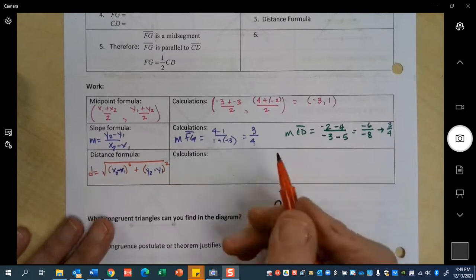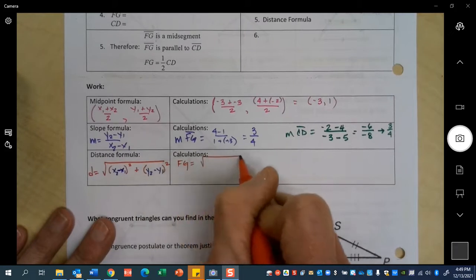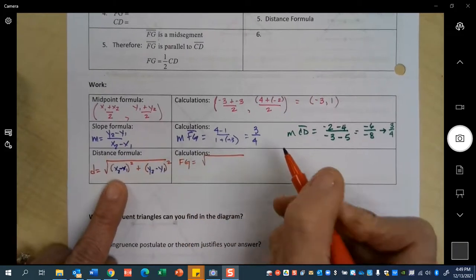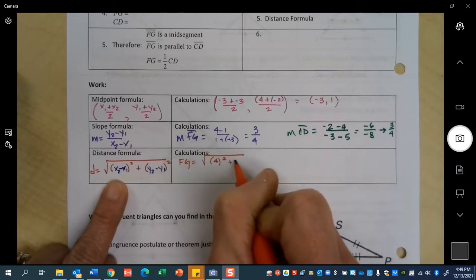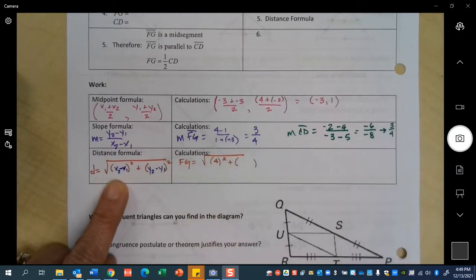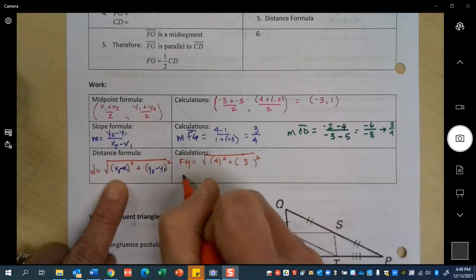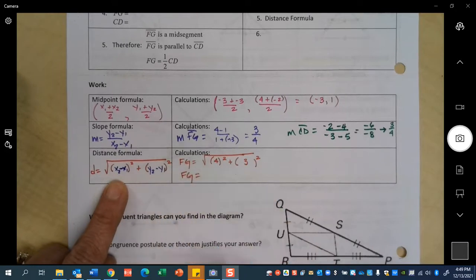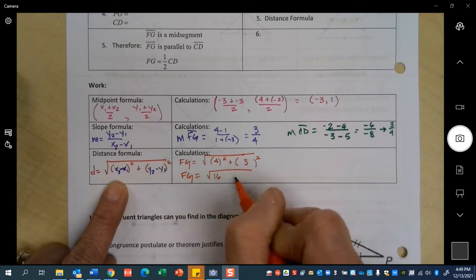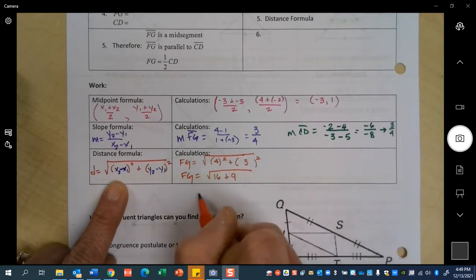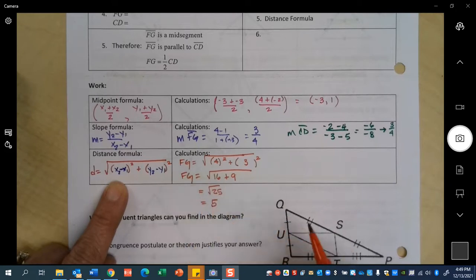So for the distance from F to G, that's going to be equal to the square root of the difference between my x coordinates, which was 4 squared, plus the difference between my y coordinates, which was 3 squared. So the distance from F to G is going to be equal to the square root of 16 plus 9, the square root of 25, which is equal to 5.